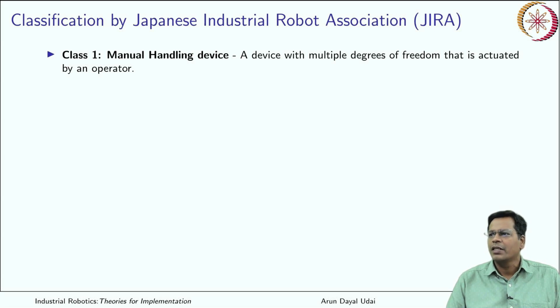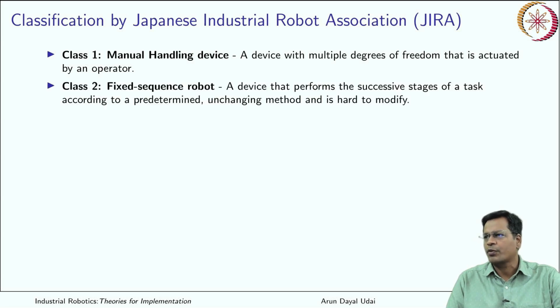One of them is the manual handling robot, that is class 1, a device with multiple degrees of freedom that is actuated by an operator. It is purely a manual robot. There is no automation. It may not even include electronics or sometimes any sort of computational software behind it. So that is class 1.